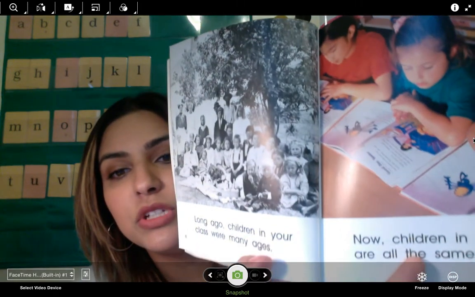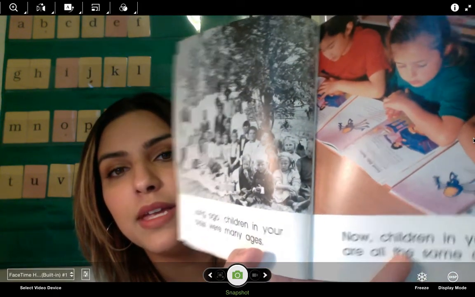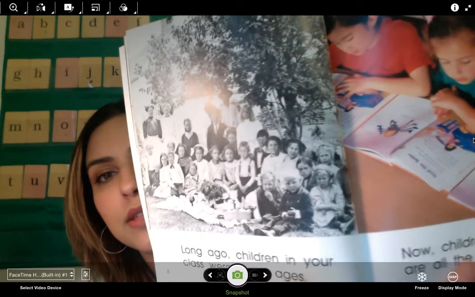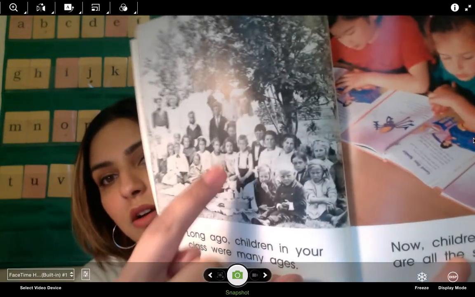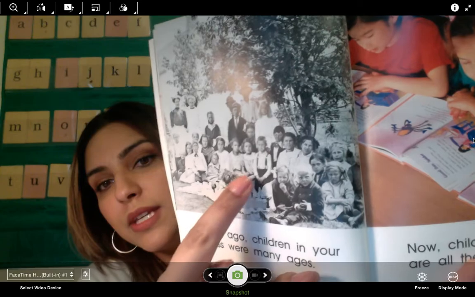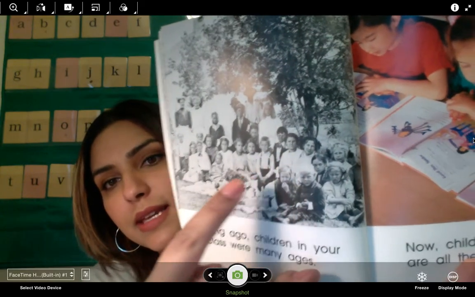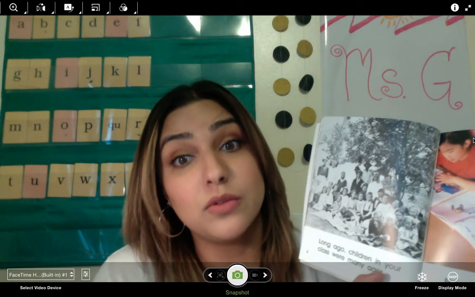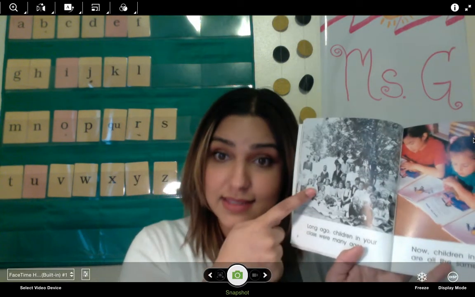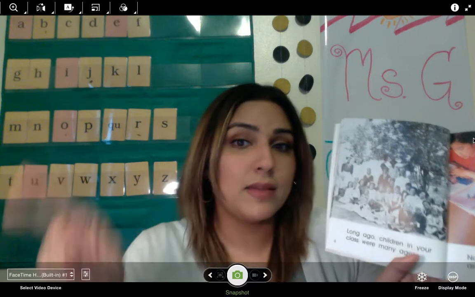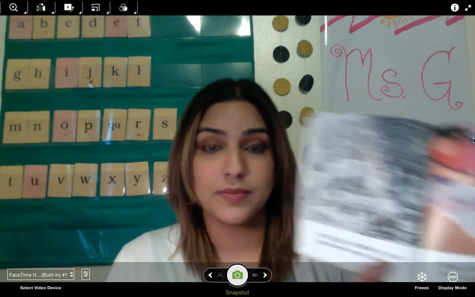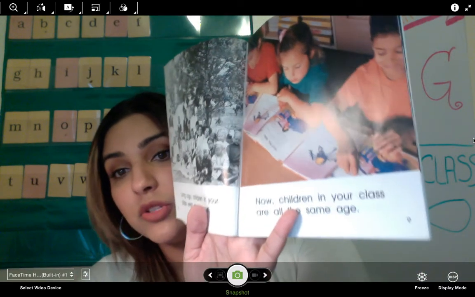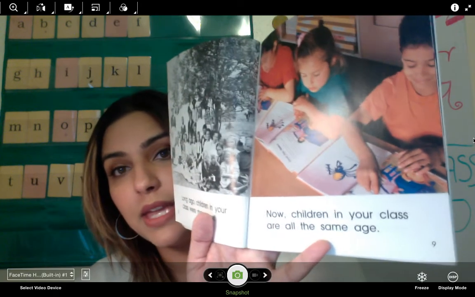Long ago, children in your class were many ages, and we talked about this before too. Look, it didn't matter if you were in kindergarten, first grade, second grade, third grade, you all learned in the same room. In the past, everyone learned the same thing. It didn't matter how old you were. Now, children in your class are all the same age.